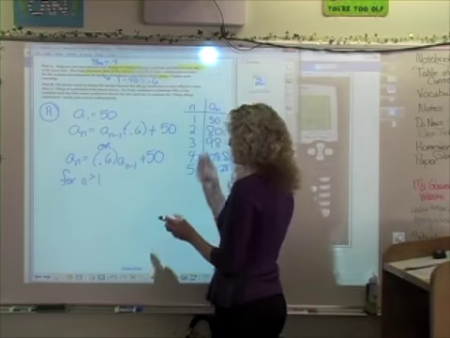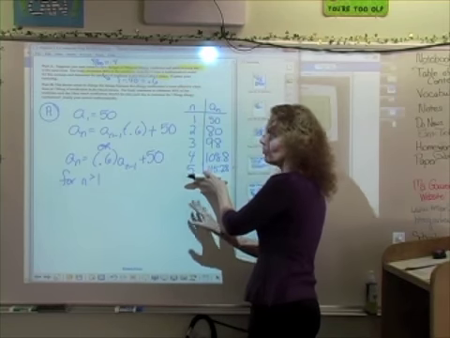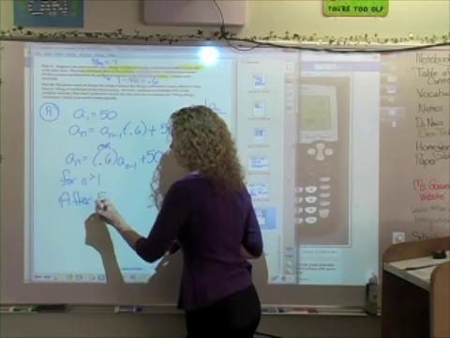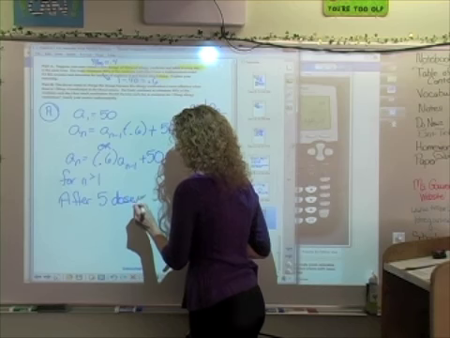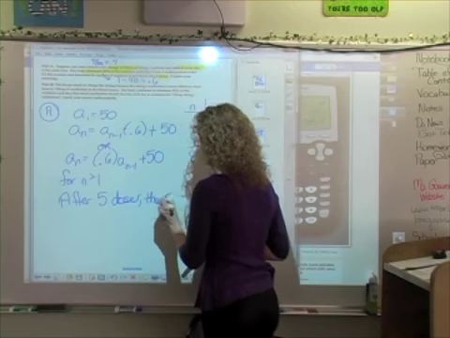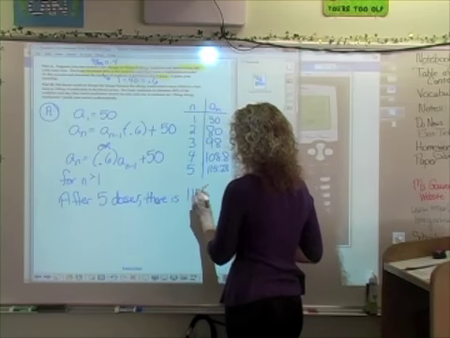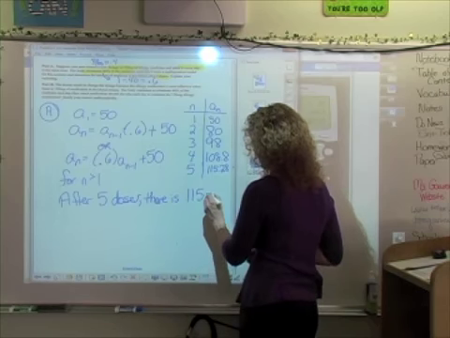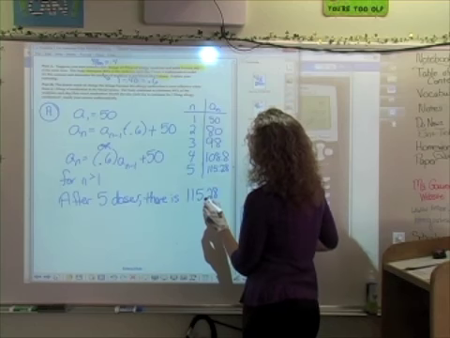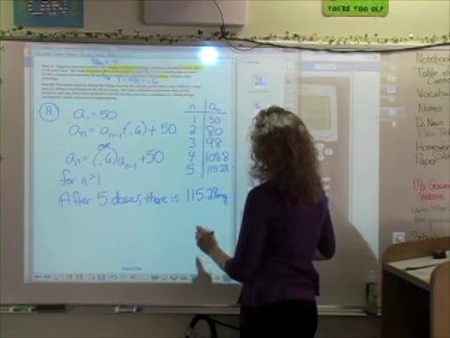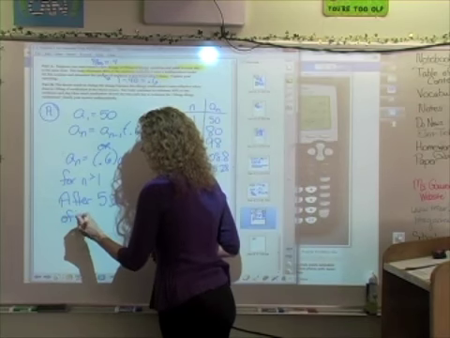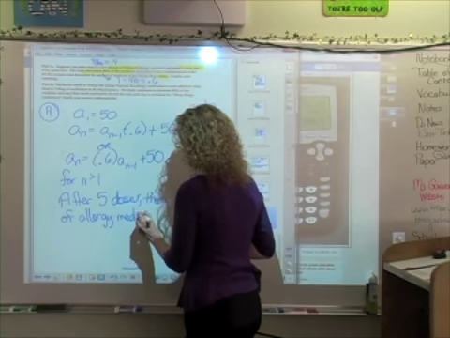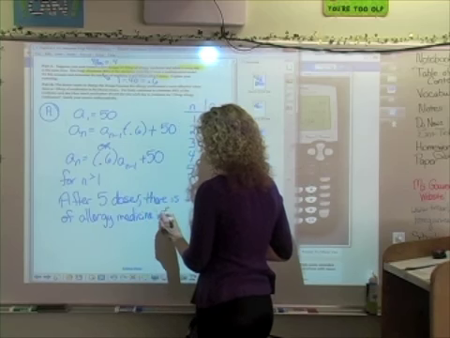So after 5 doses, using my table chart, this mathematical model, I have shown that after 5 doses, there is 115.28 milligrams of allergy medicine in the body.